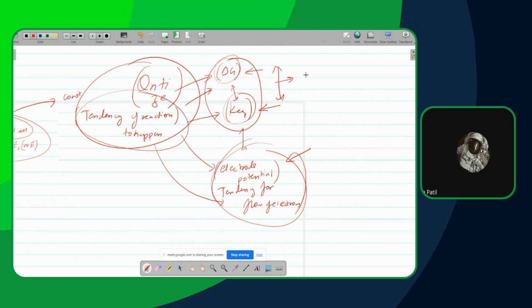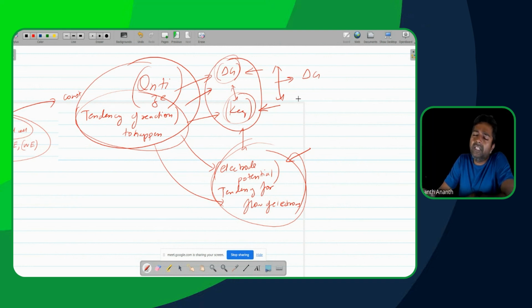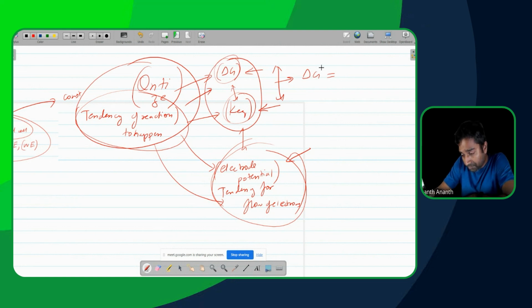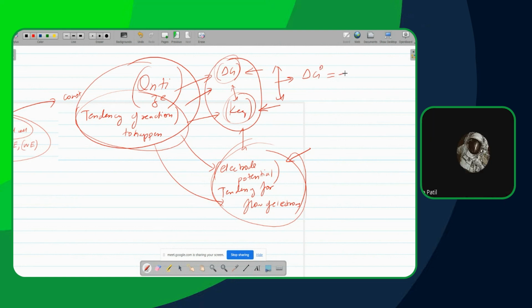Delta G naught is RT ln Kc. Delta G naught is equal to minus RT ln Kc.